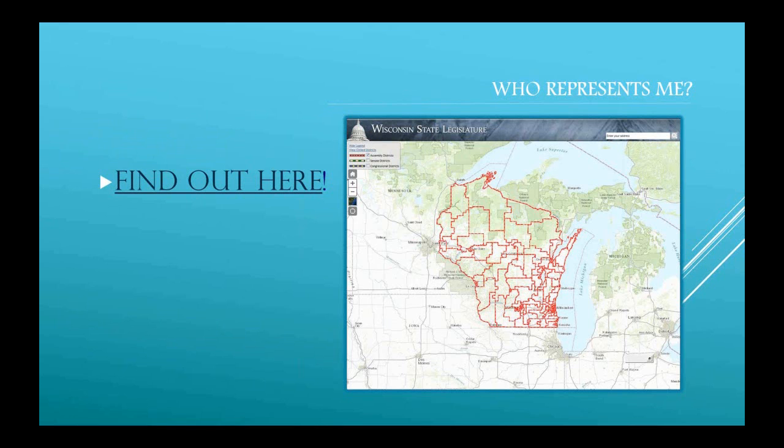This is crucial information that we at WCASA use daily when we are reaching out to folks. Everyone has one state senator and one state representative or assembly person, which you may already know.